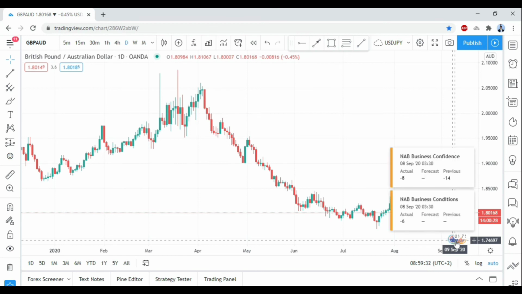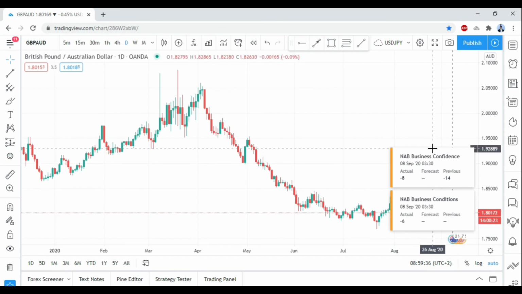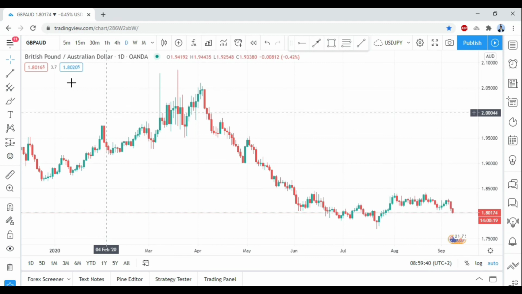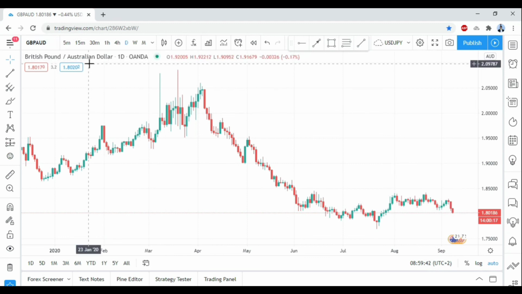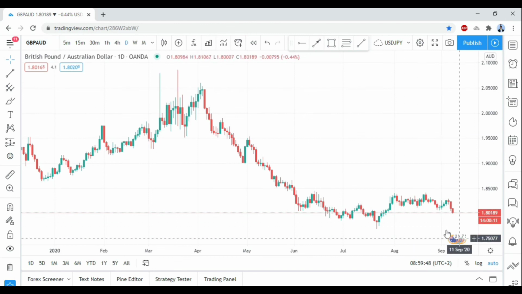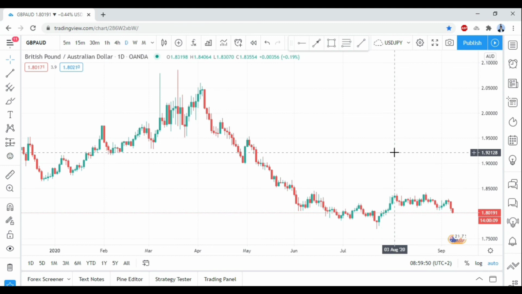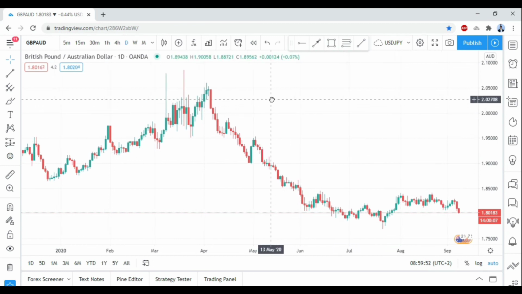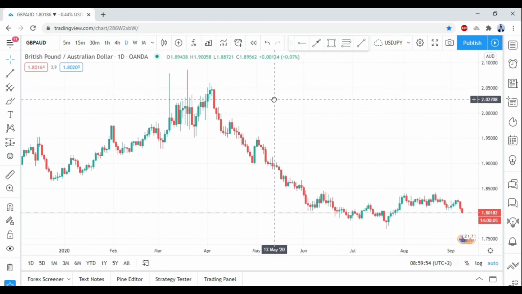So if you click on one of these options, you can see the upcoming economic news or the fundamental events that are going to affect the specific pound Australian dollar currency pair. So whenever you change to a different currency, then the economic news updates as well. So that is just some background into how you can make use of the different currency pairs.